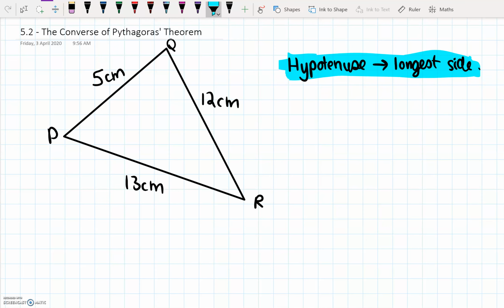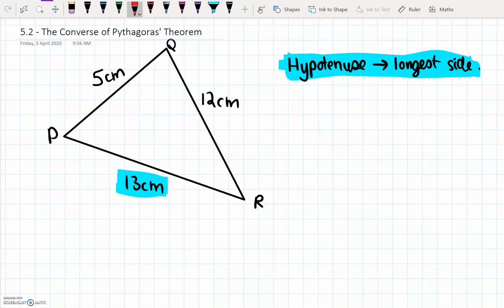You need to decide which side would be the hypotenuse if this is a right-angled triangle. Now you can see here we have 5, 12, and 13. 13 is the biggest number, so we're going to assume that this is the hypotenuse if this is a right-angled triangle. That's going to be our c squared.